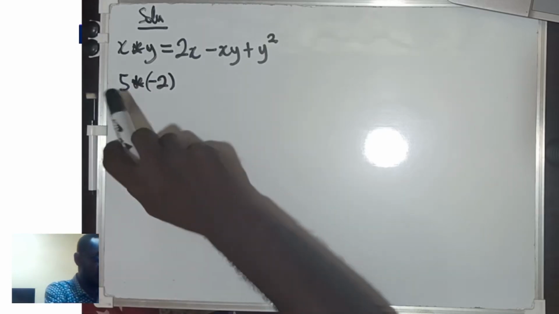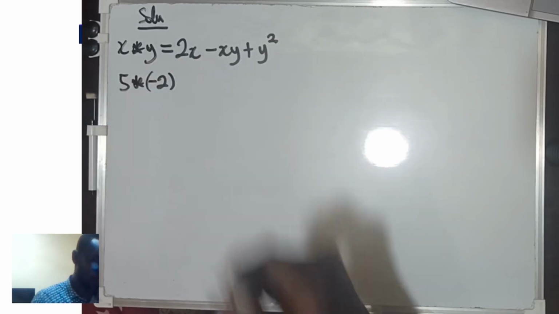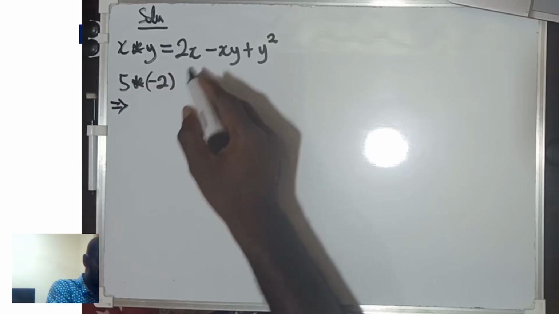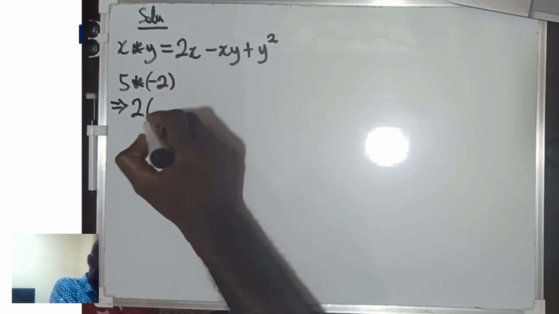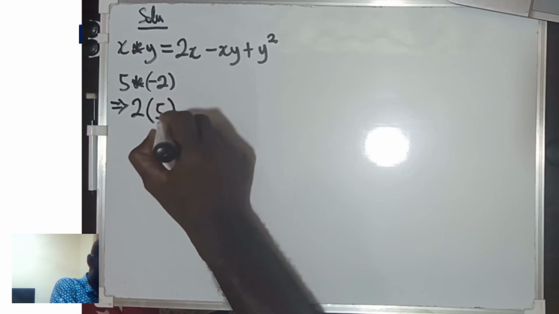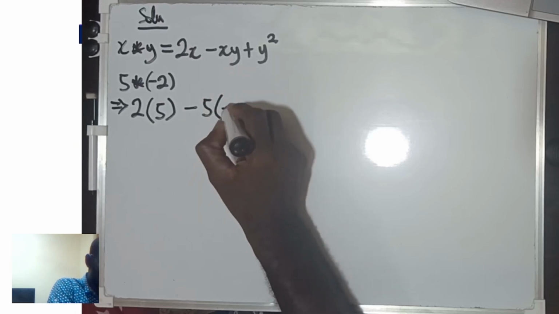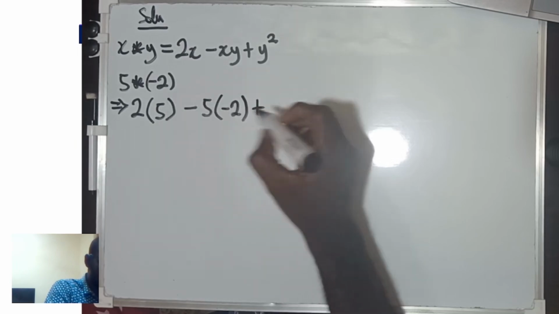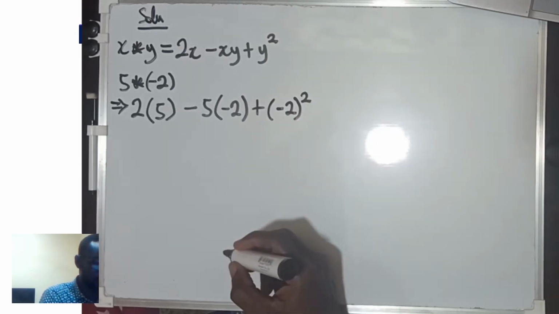It means my assigned value to x is 5 and that of y is negative 2. So all that we do is our substitution. So my assigned value for x is 5, then minus my assigned value for x is 5 and y is negative 2, then my assigned value for y is negative 2, so negative 2 squared.